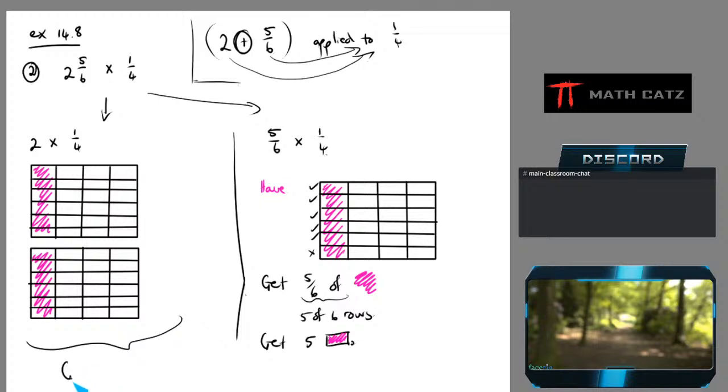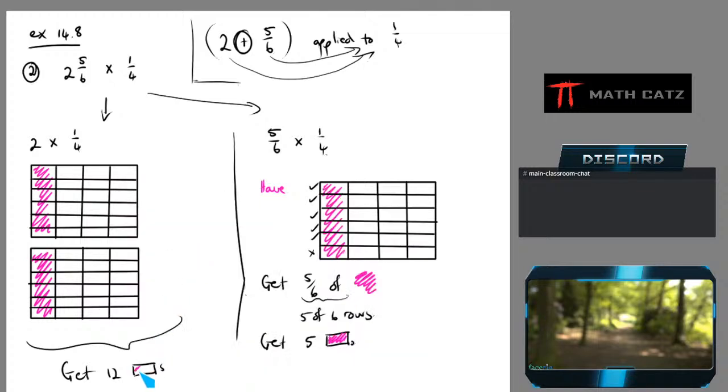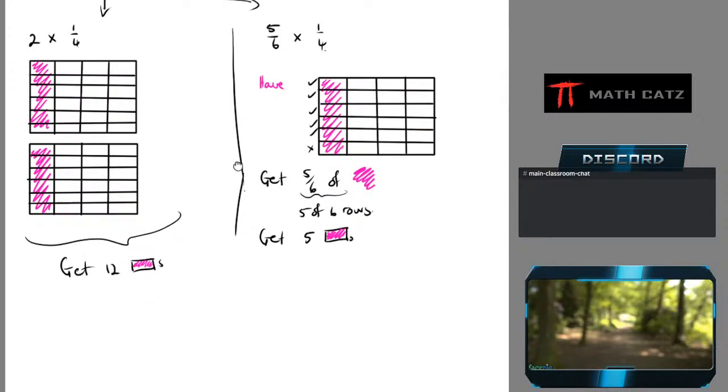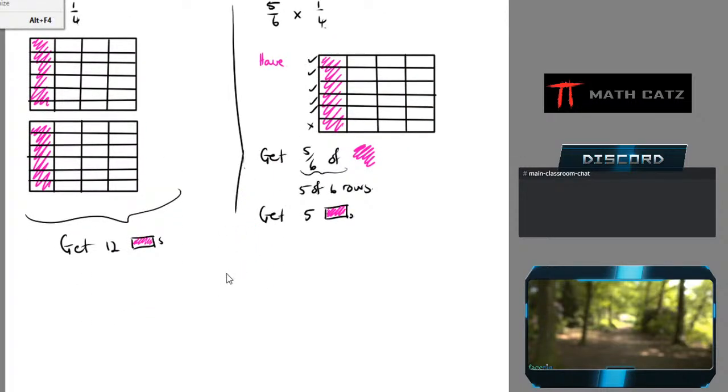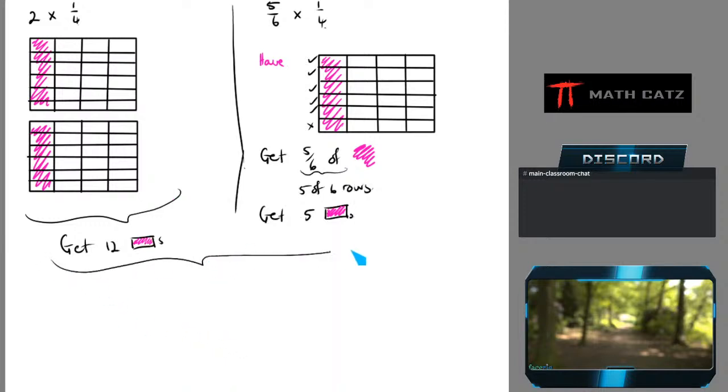So I get 12 pieces. Yes, they're pink, sure. Doesn't matter as much now moving forward. So more brackets. All together, we get, of course, 17 pieces.